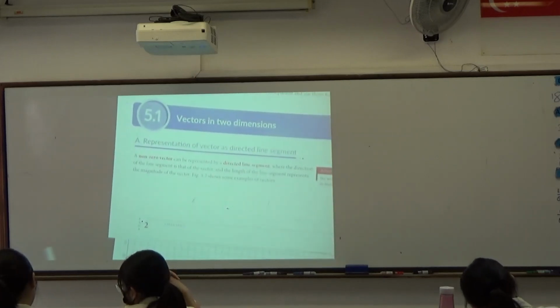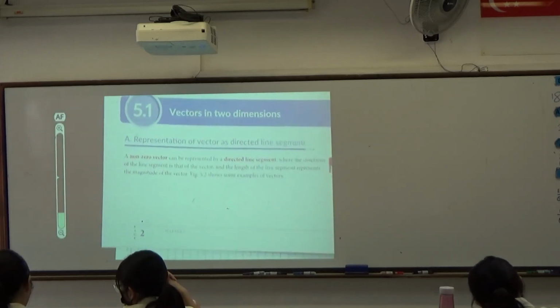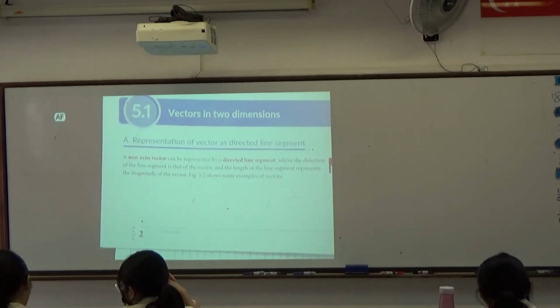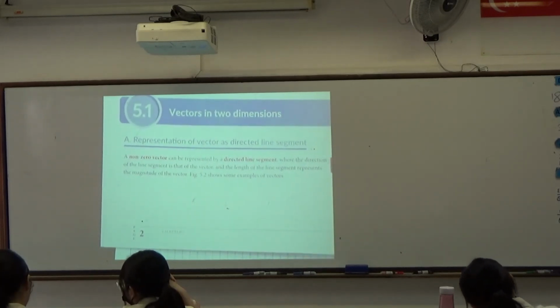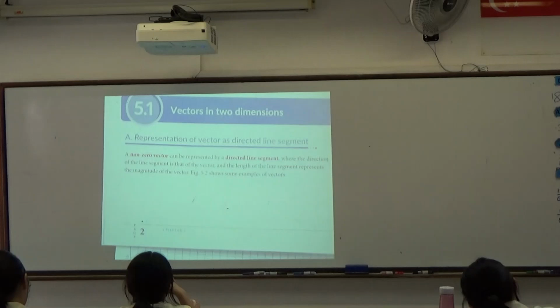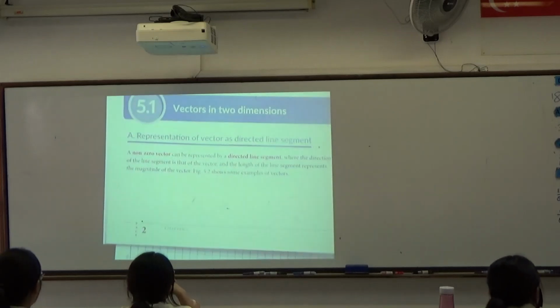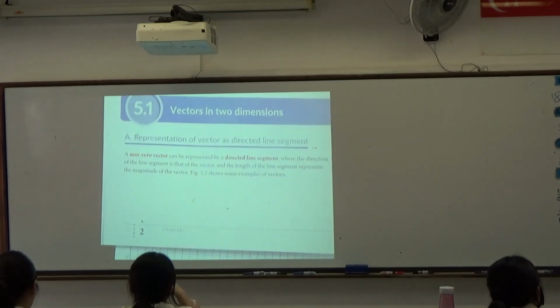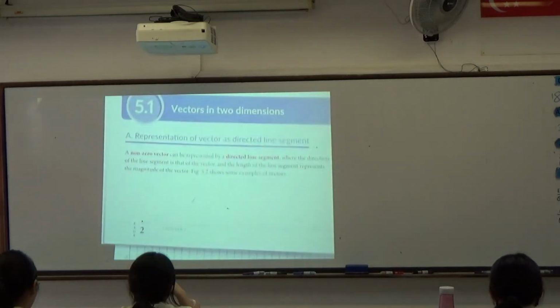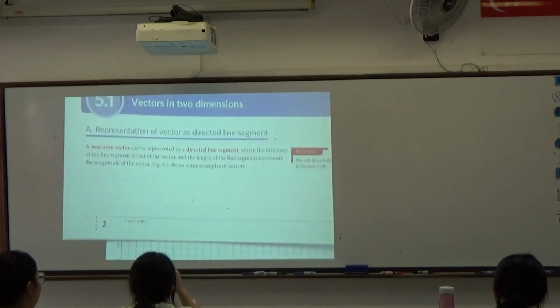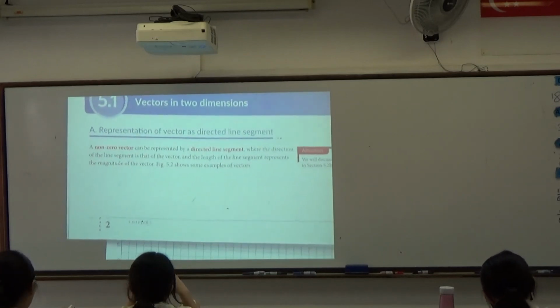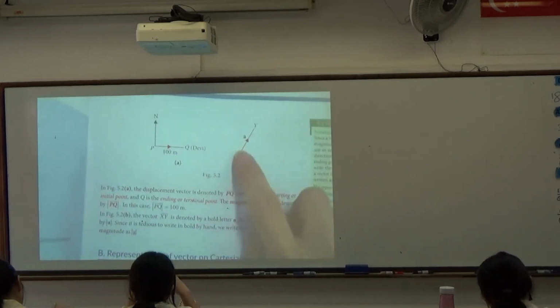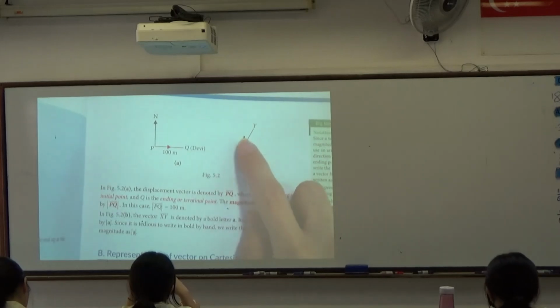Okay, so vectors generally can be represented in several manners. Some of you, since you do physics, might already be familiar with vectors. Vectors are things that have magnitude and also direction. Very often in physics, the vectors that we see will usually be a line segment with an arrow.